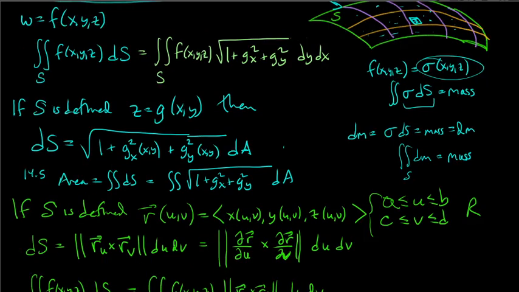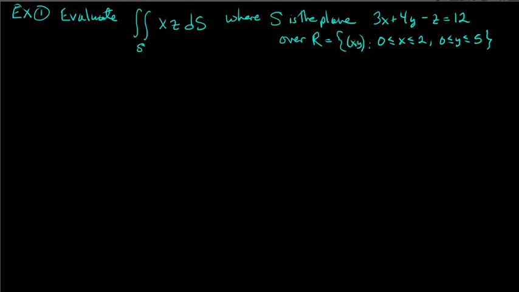All right, let's just do an example. We want to evaluate this surface integral of x times z over the surface S. S is just the plane 3x plus 4y minus z equals 12.